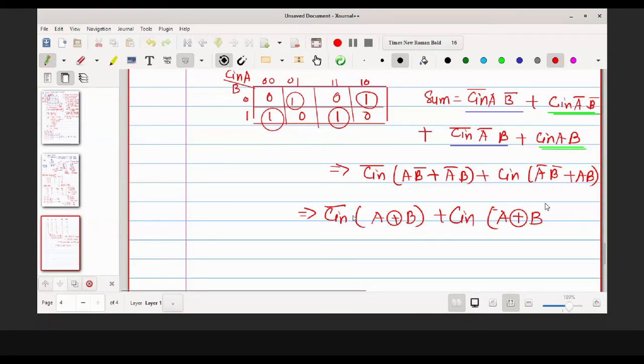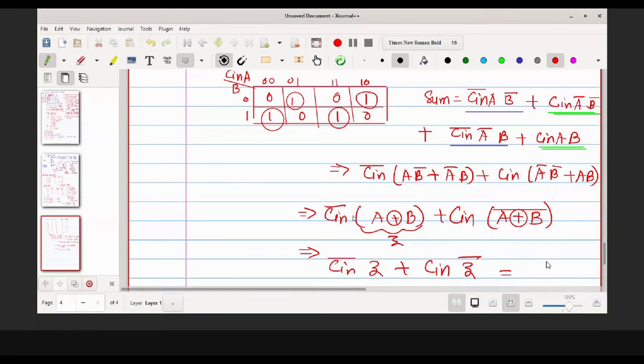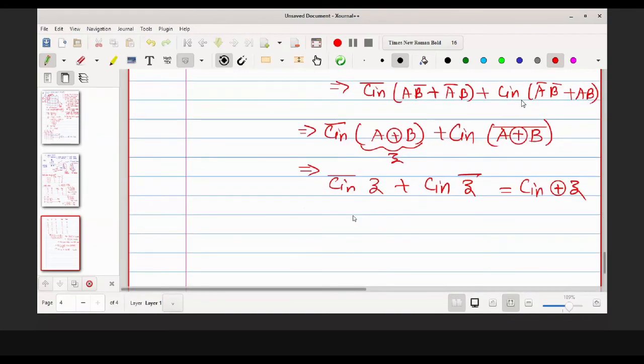So now you can look at it. Let's say this C in bar XOR, I can call it Z. So what I'm getting is C in bar Z plus C in Z bar. What is this? This is nothing but XOR of C in and Z. And what is Z?